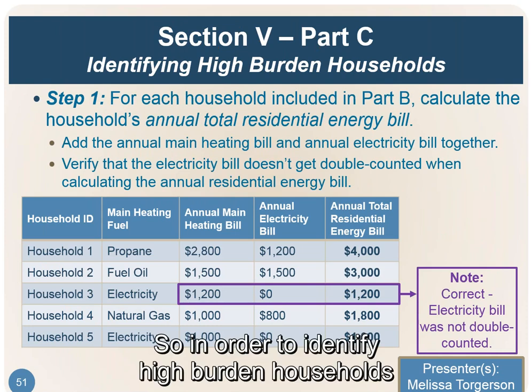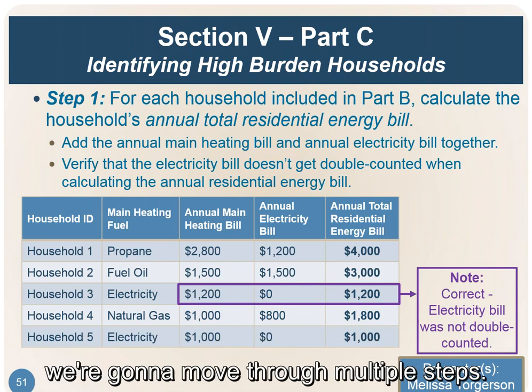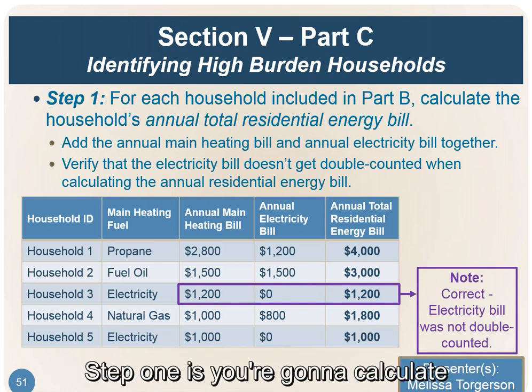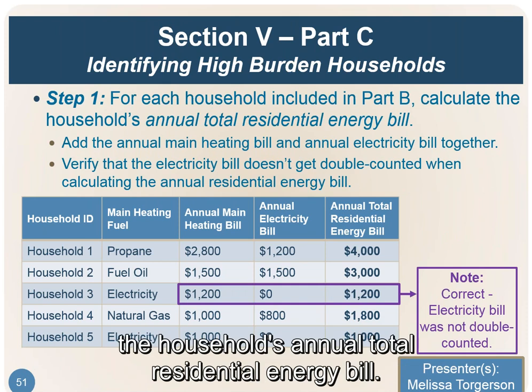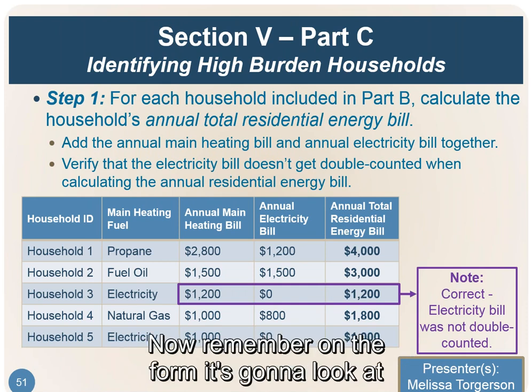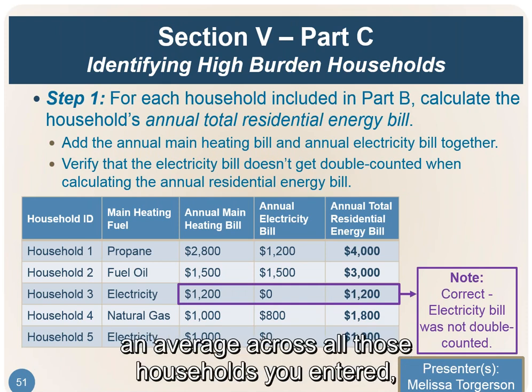In order to identify high burden households, we're going to move through multiple steps. Step 1 is to calculate the household's annual total residential energy bill. Remember, on the form, it's going to look at an average across all those households you entered.